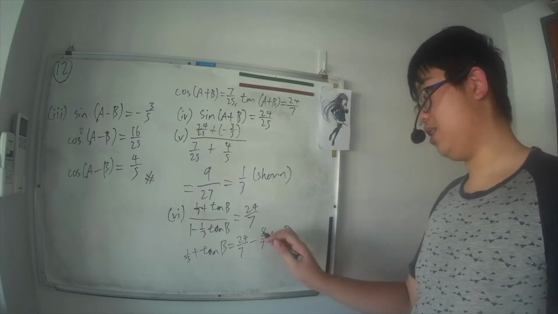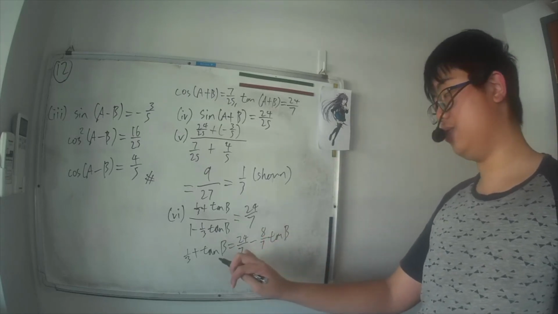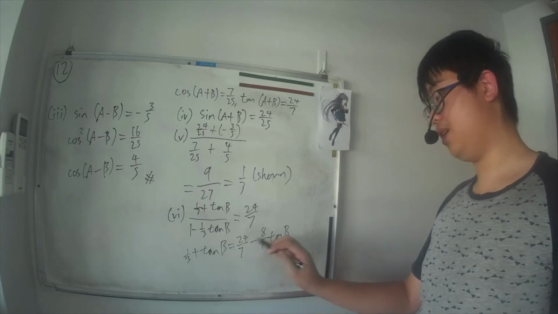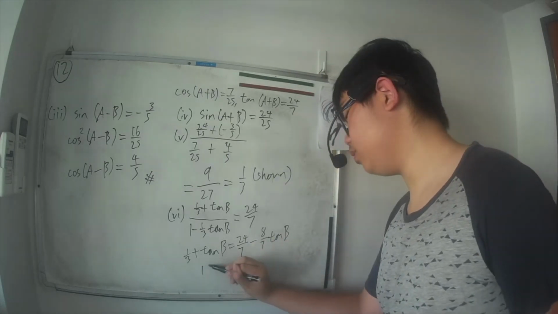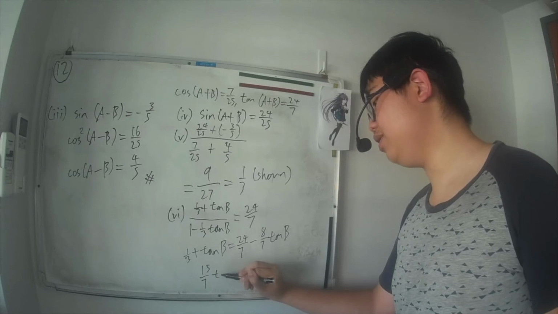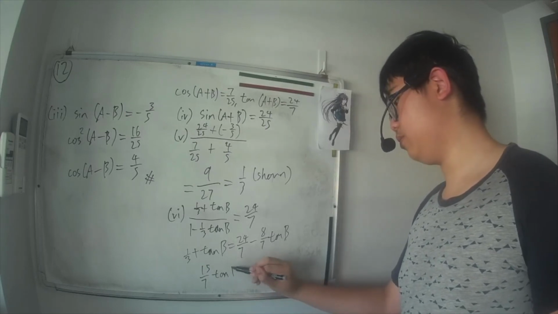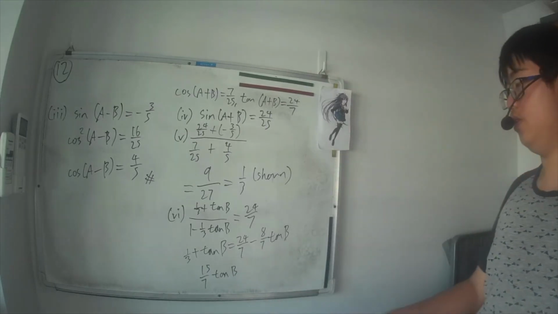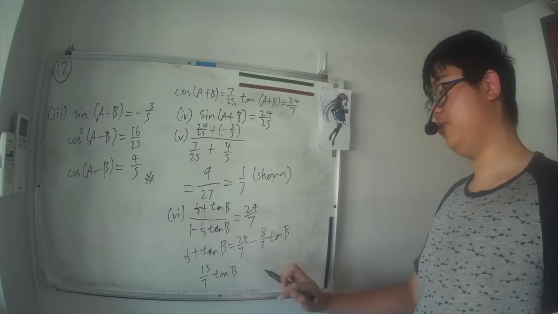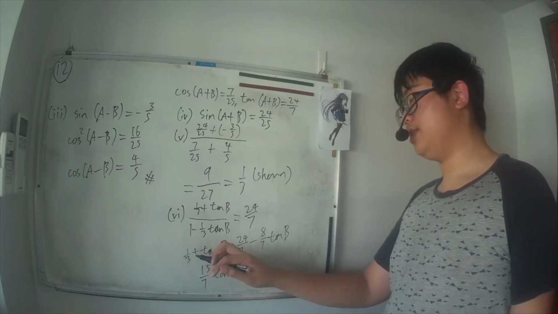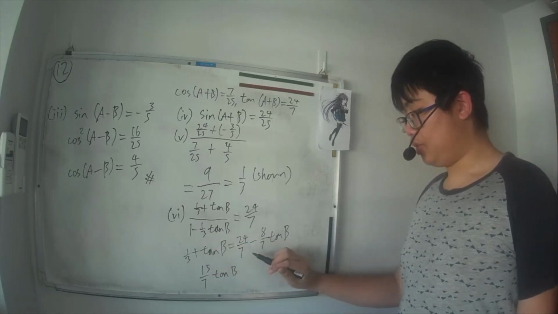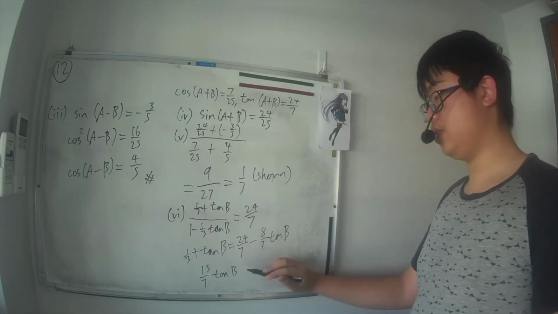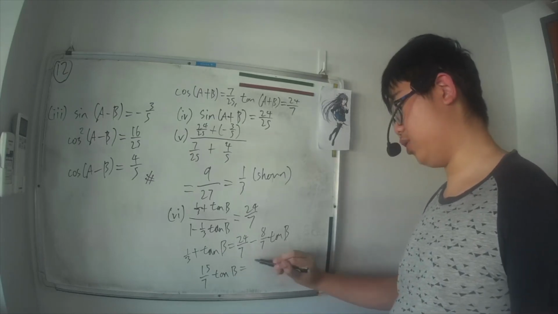Let's add 8 over 7 tangent B. So this is 15 over 7 tangent B, then minus that. Okay, so 15 over 7 tangent B equals 1/3 minus 24 over 7. Need to make a common multiple. This is 7 over 21, minus 72 over 21. So this is negative 65 over 21.